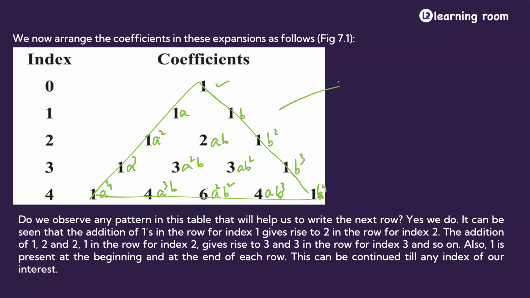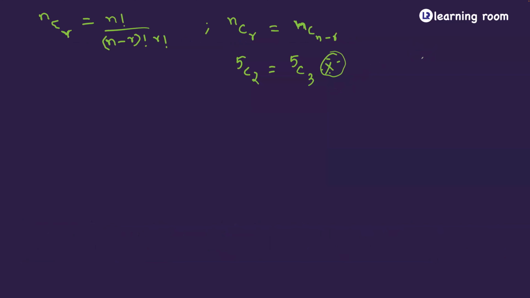So this is what we call Pascal's triangle. Now, all that we are going to do is understand how to decode these numbers in terms of combination. That's it. Once you understand this, we are ready to get started with the problems. Am I clear with it?